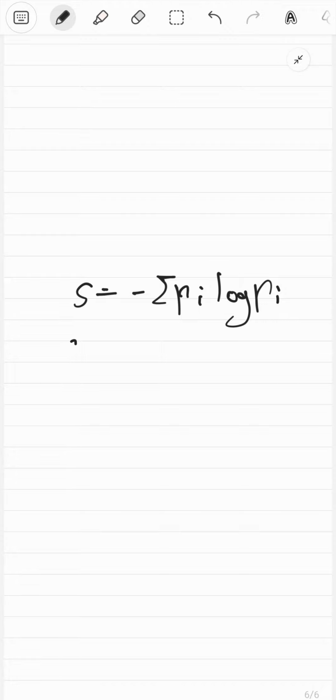The Gini index, which I'm going to call G, is given as 1 minus summation of pi squared. Something really pure would have pi equal to 1 for one particular i, and then the Gini index would be 0. Something really impure would have equal probabilities, so it's 1 minus 1 upon the number of categories. That would be a really impure data set.